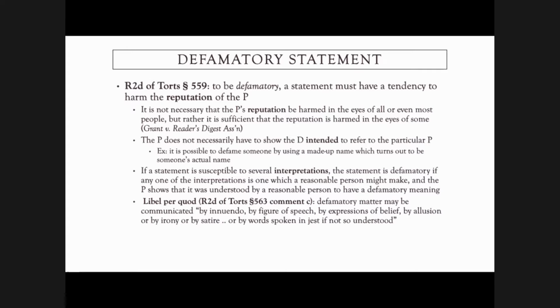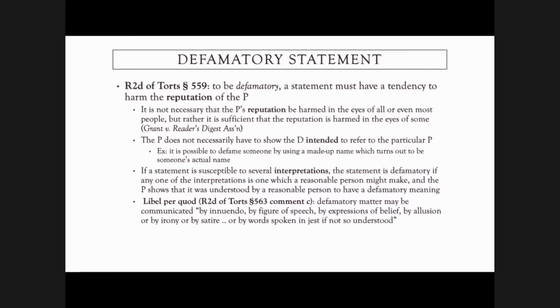Some things to keep in mind: it's not necessary that the plaintiff's reputation is harmed in the eyes of all or even most people, but rather it is sufficient that the reputation is harmed in the eyes of some. That's the Grant v. Reader's Digest case.